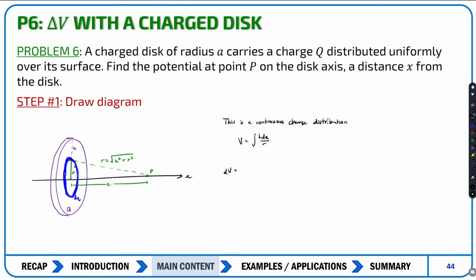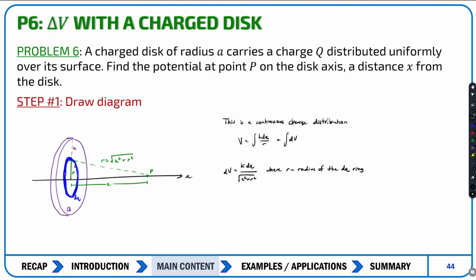is equal to, and so just keep in mind, we have the integral of dV, and dV is k dq over r, but we need to figure out dq. So dV is then equal to k dq over the square root of x squared plus r squared, where r equals the radius of the dq ring.